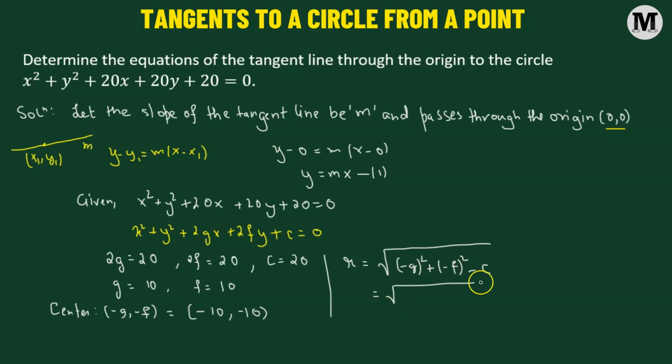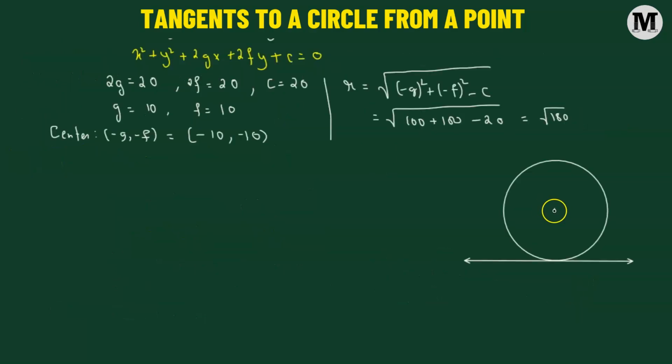Negative g is negative 10, so squaring it gives us 100. Similarly for f, we get 100, and from it we subtract the c value, which is 20. So 200 minus 20 is 180. Let's keep it as it is. This is going to be the radius of the circle.